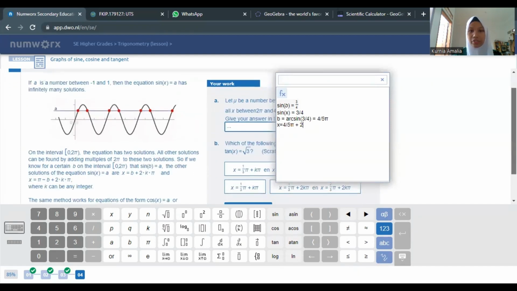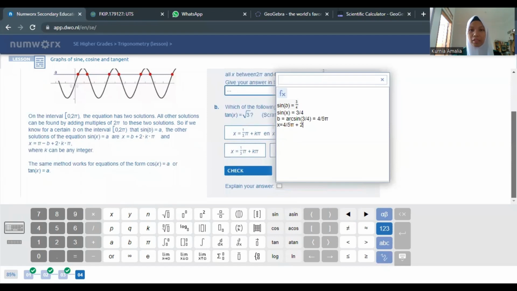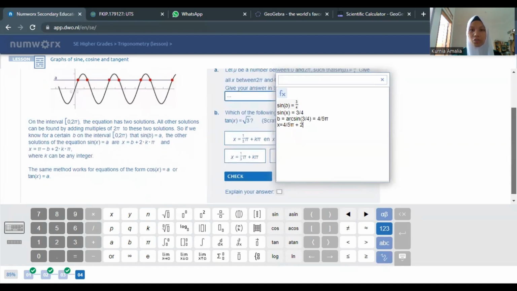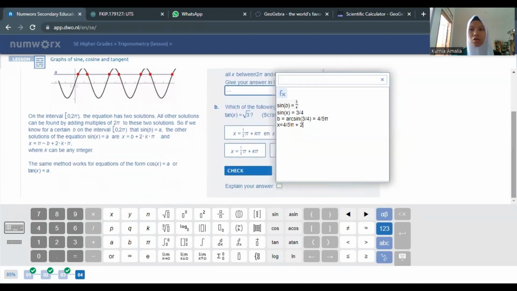In this question, the period of the function is 2 pi until 4 pi, so it's 2 times the usual, so you can multiply it by 2 times pi.